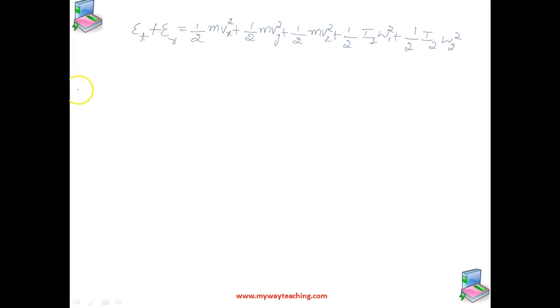Here w1 and w2 are angular speeds about axis 1 and axis 2. I1 and I2 are the moments of inertia, isn't it?